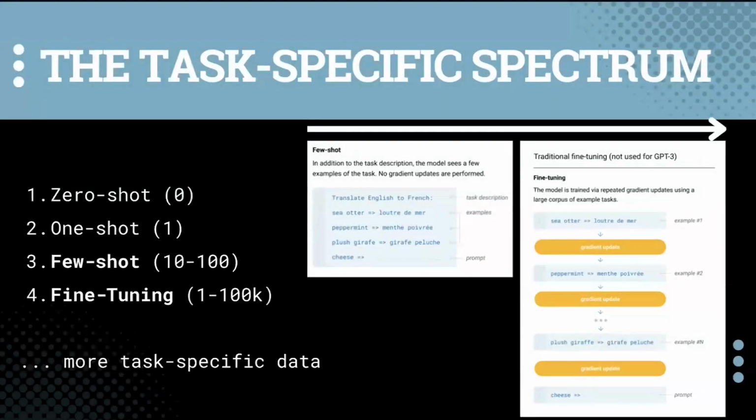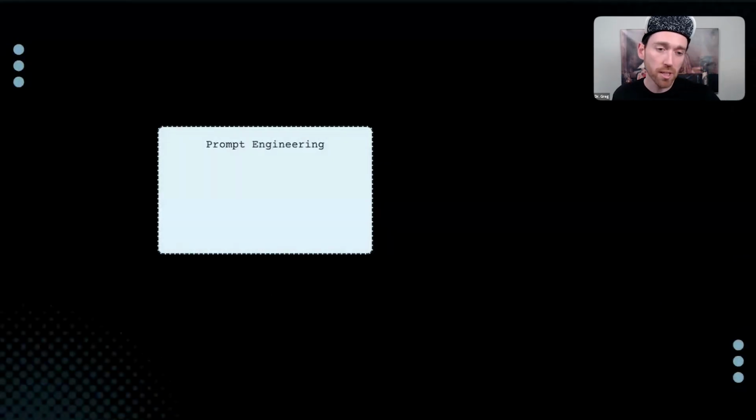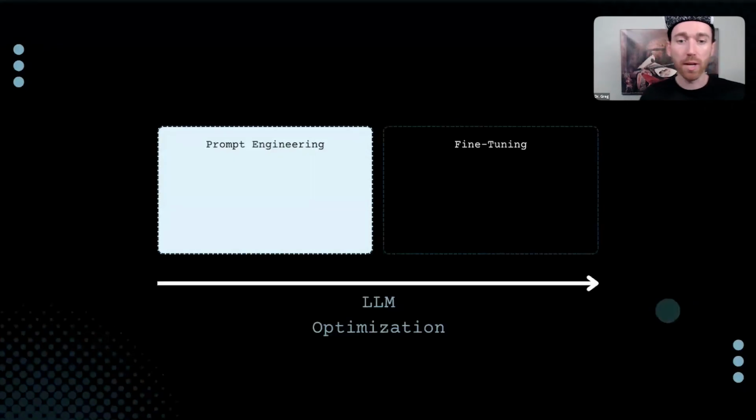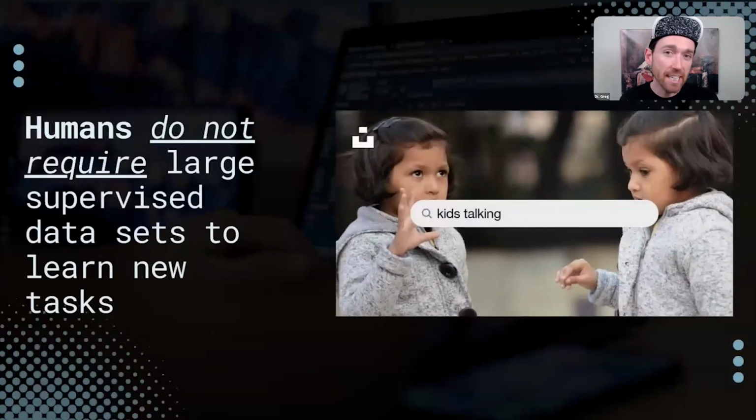Ultimately, where we end up is we end up fine-tuning again when we have enough samples. We end up trying to actually optimize the inputs and the outputs of the LLM, starting with an instruction and ultimately moving to a fine-tuning paradigm. Because, as was pointed out in GPT-3, we don't need huge supervised datasets to learn how to do new things.